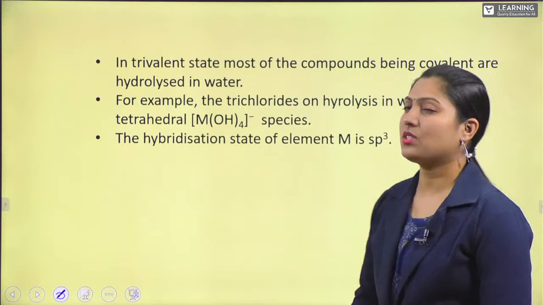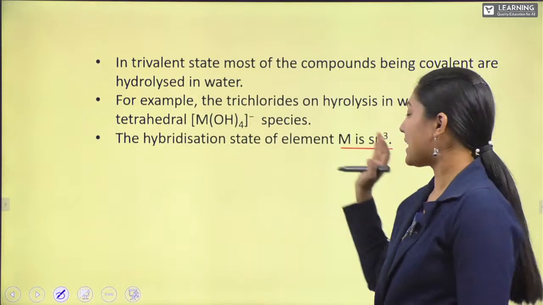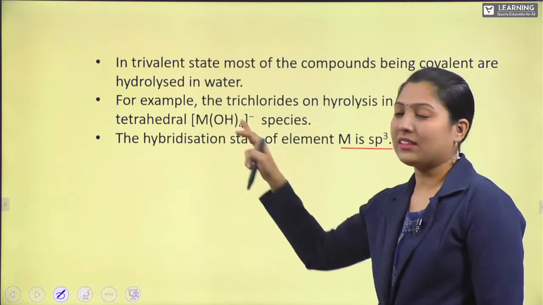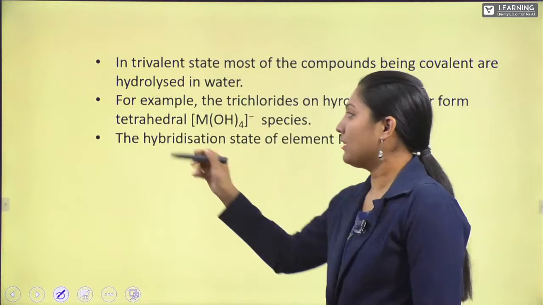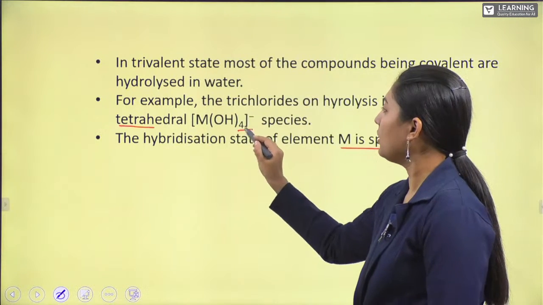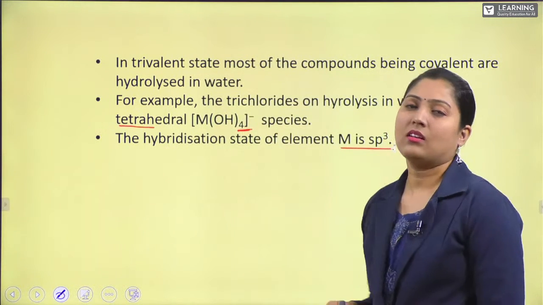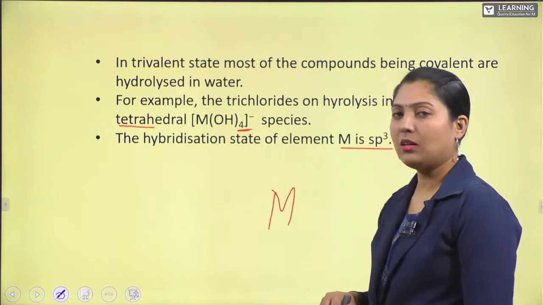So the hybridization state of element M is sp3 when it has the tetrahedral structure. Simple, students, how to remember this structure. Tetrahedral, tetra means 4. So what happens? We have 4 OH ions connected with the central metal atom.